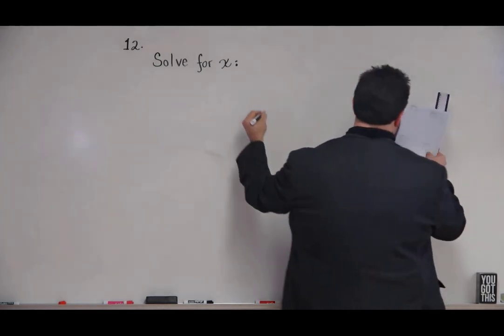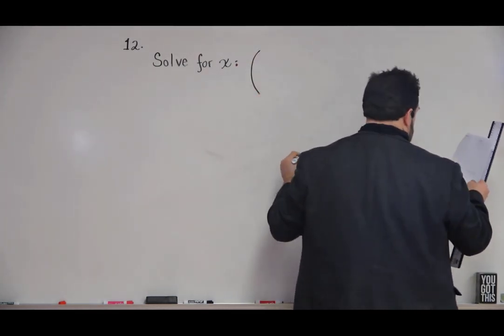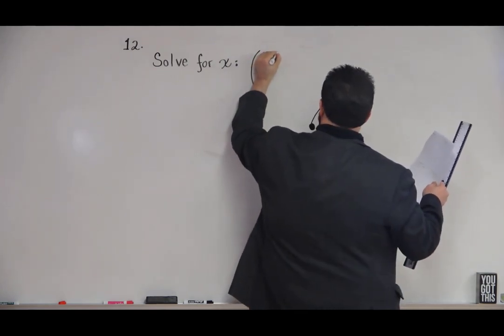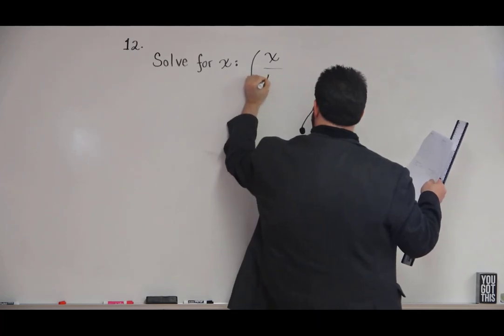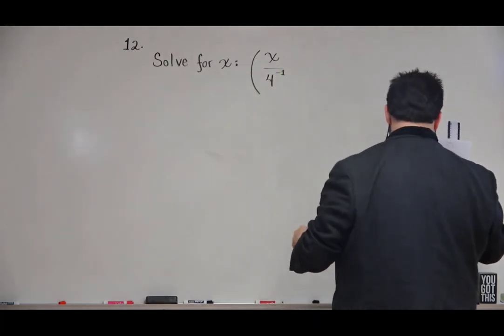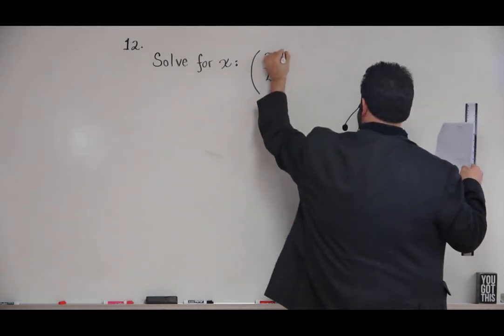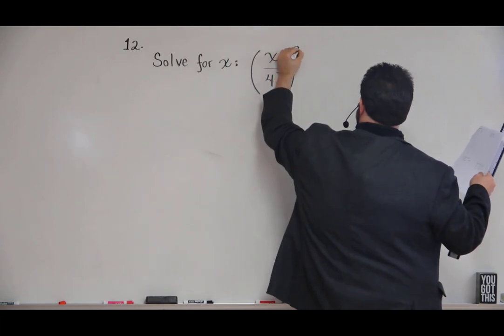I'm so excited. Okay. And then they give us this enormous parentheses with an x on top, a line, and then a 4, a negative 1. Okay, a lot going on. Close that parentheses up. And then raise the entire thing to the power of 3x.